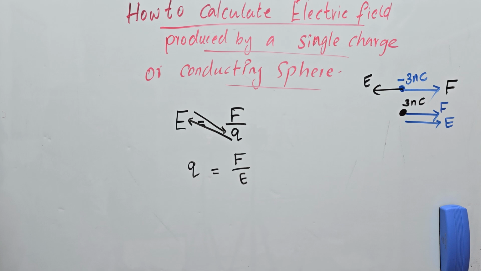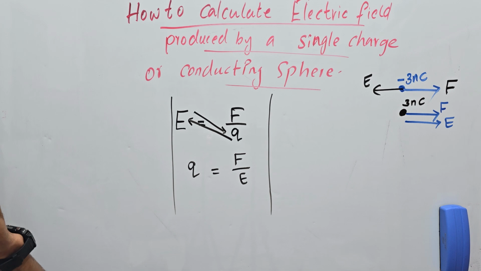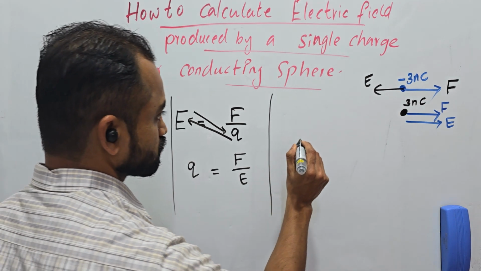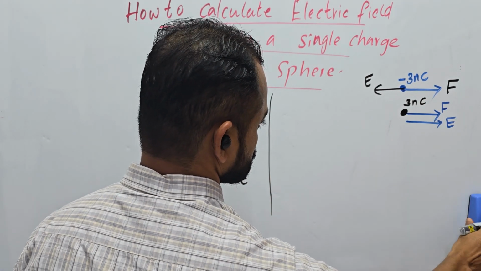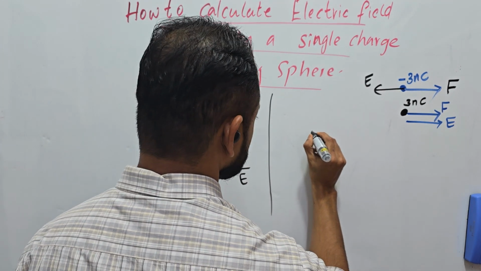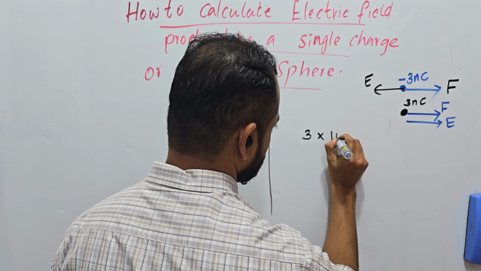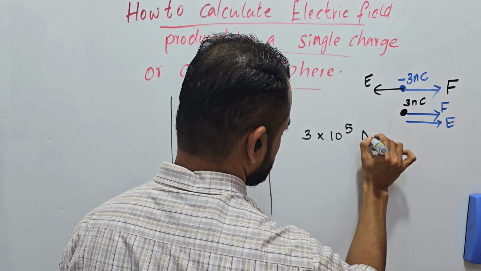Any question, Yara? Did you complete the table? Okay, how much? Can you tell the answer? So we will write here 3 times 10 to the power 5 Newton per coulomb.